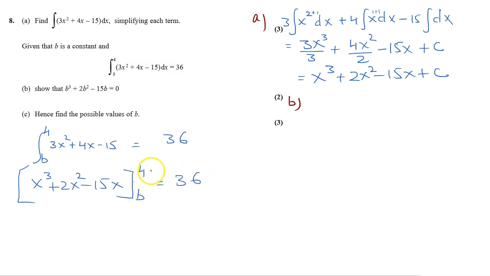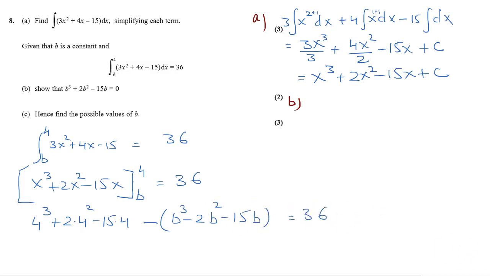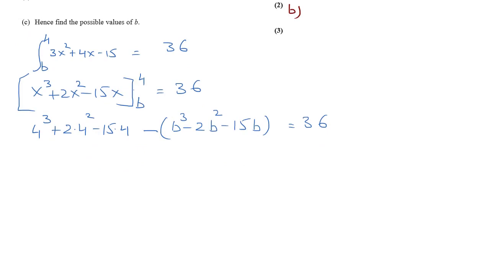So first we put the value of x as 4. This is 4 cubed plus 2 multiplied by 4 squared minus 15 multiplied by 4, minus b cubed minus 2b squared minus 15b is equal to 36.